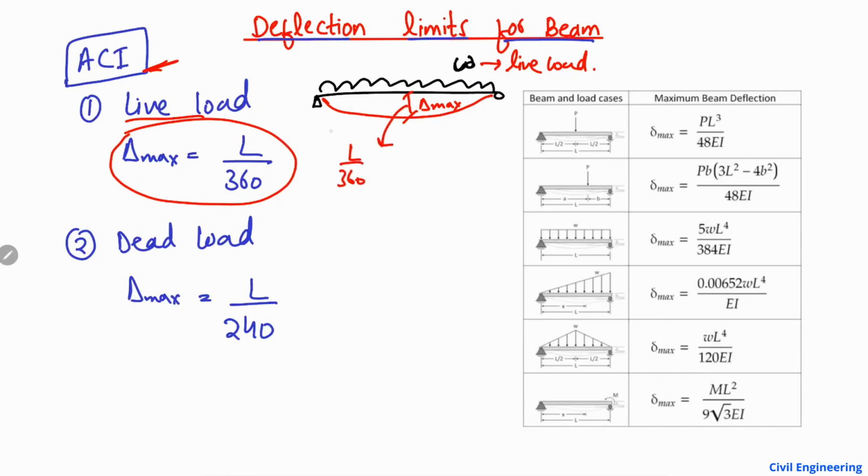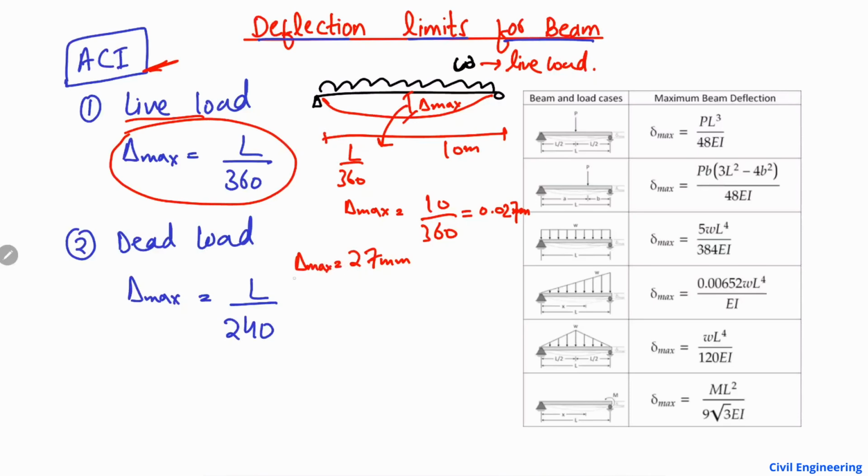It means if the length of this beam is, for example, 10 meter, then its maximum allowed deflection is 10 divided by 360, L by 360. So we get 0.027 meter, or 27 millimeter if we convert this into millimeter.